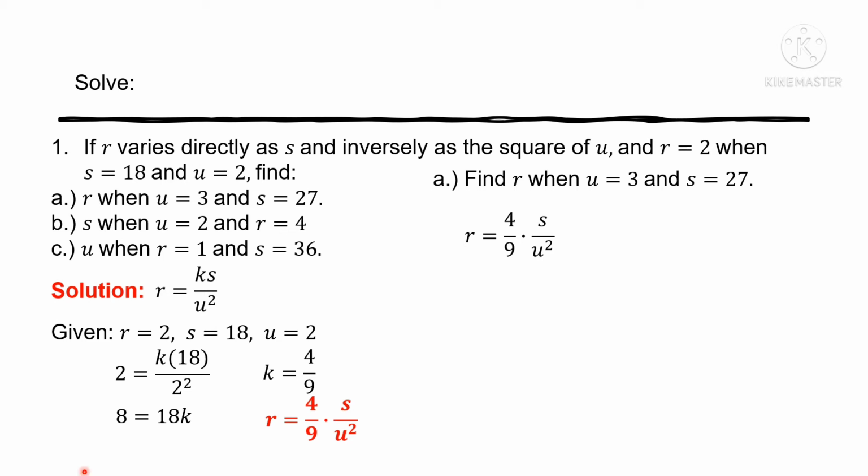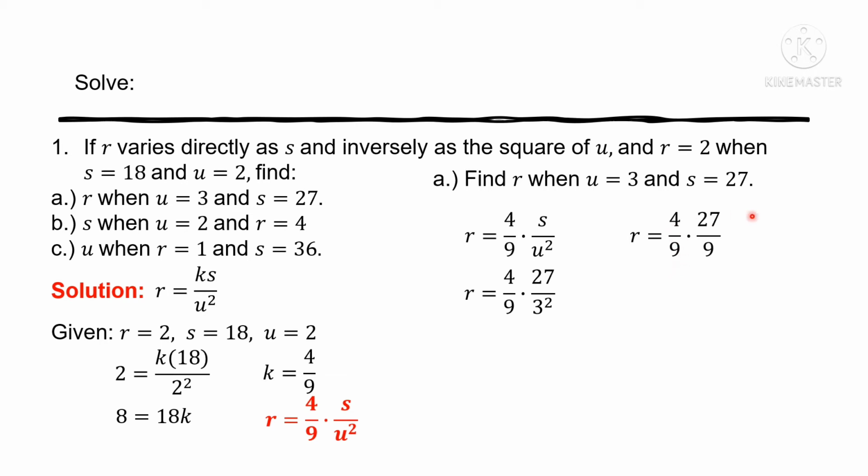Yan. So, pag sinubstitute natin, magiging R equals 4 over 9 times 27 over 3 squared because our S is 27, ang U natin ay 3. So, you have 3 squared. So, 3 squared is 9.